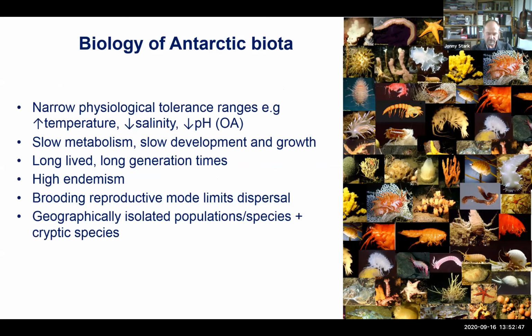They can be long-lived with long generation times, and many seem to have a brooding reproductive mode, which limits dispersal ability. So we have many geographically isolated populations and species, and cryptic speciation going on. And these traits all act to potentially increase the sensitivity of Antarctic biota to environmental change.